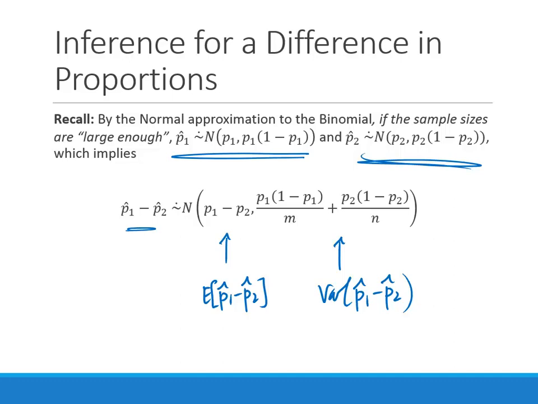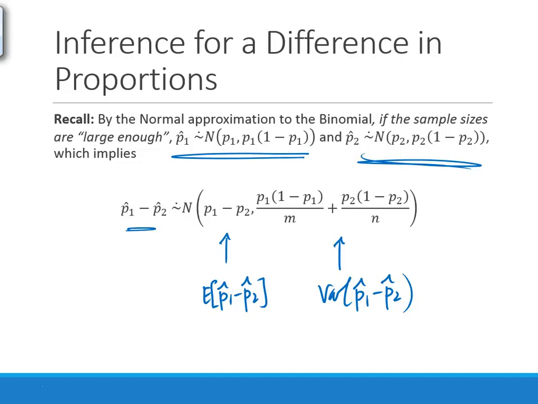So the normal approximation for each sample proportion comes from the same thing that we've seen before, and then because a linear combination, or some addition or subtraction, of normal random variables also gives you a normal random variable, this is the result that we have here. Okay, so we can use this fact to construct tests and confidence intervals just like we have done before.